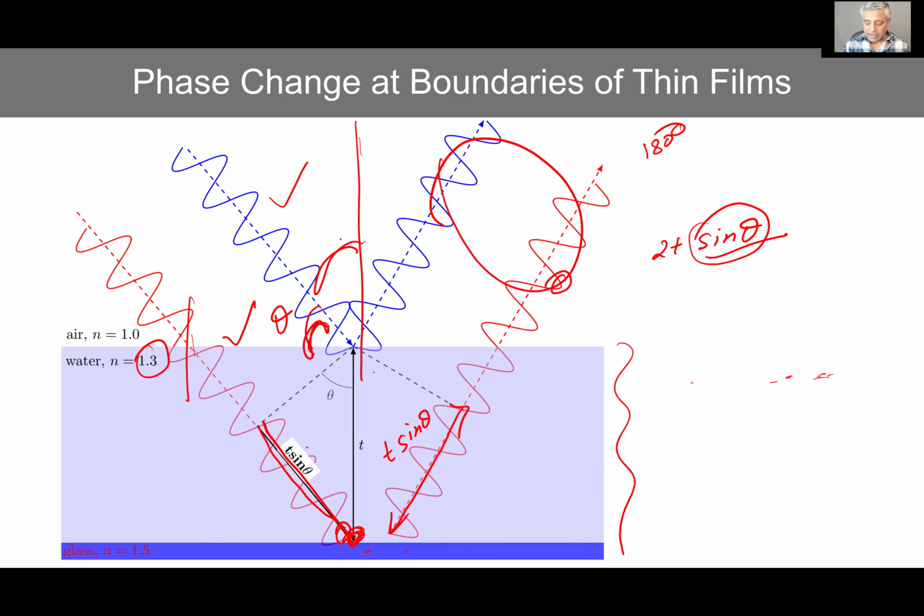So this sine 90 becomes 1. So we can just write 2t. It's like saying the difference in path is just going a t here and coming back t, something like that.